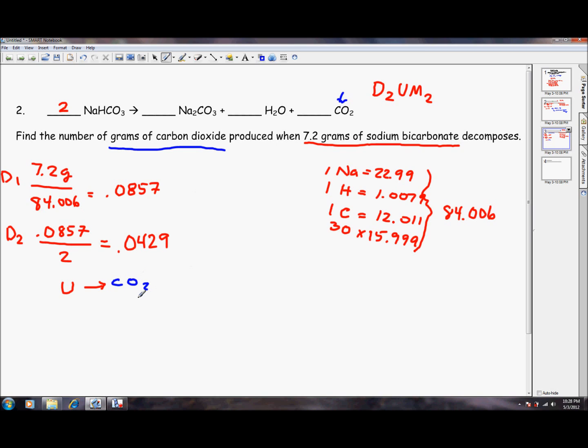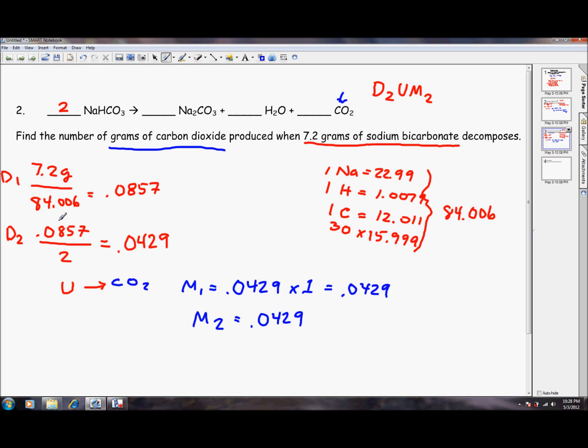Alright, so now it's time to do the multiplication. First multiplication is I'm going to take this one answer, 0.0429, and I'll multiply it by the number in front of the CO2. There's nothing there, which means 1. Okay, the second multiplication, remember, is the molar mass.